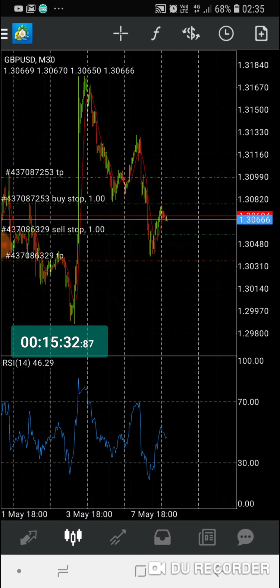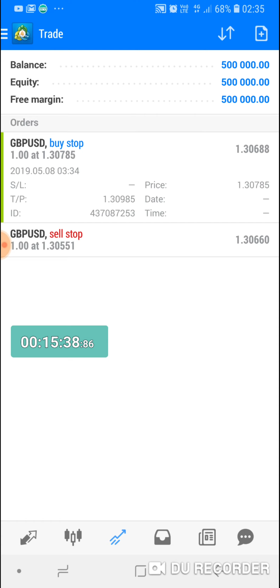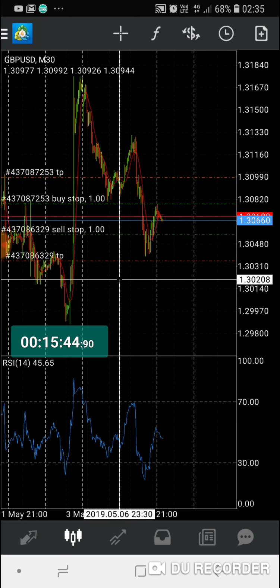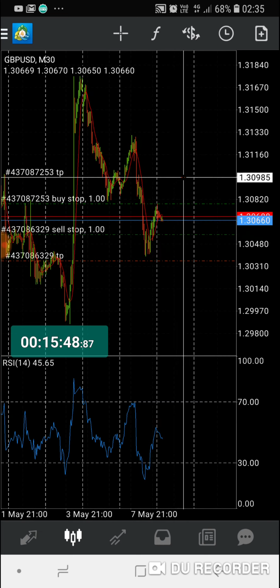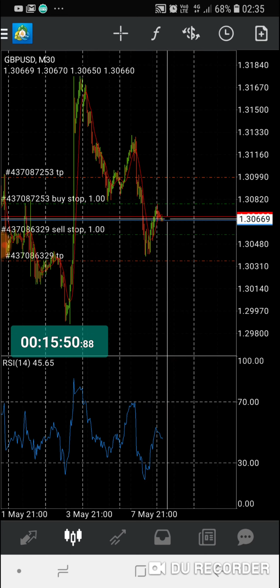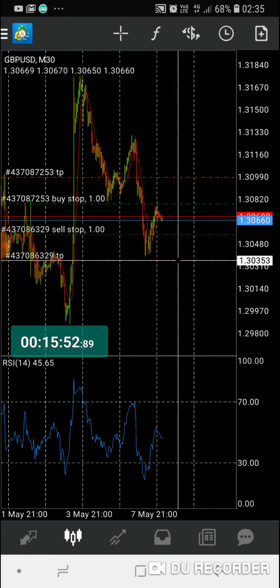Now, when the event starts, one of the two orders is going to trigger. We don't know which one. If the buy stop order triggers, it's going to go up and trigger the buy stop here and then close off with the profit automatically. If the sell stop triggers, it's going to trigger here and then close off with the take profit automatically.